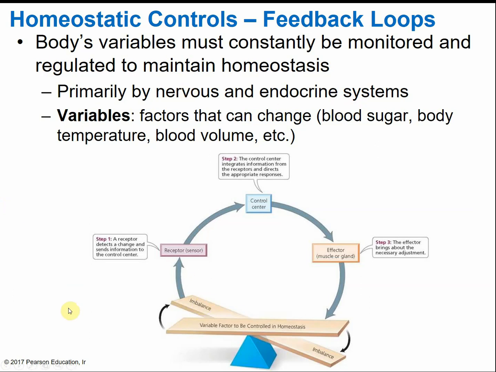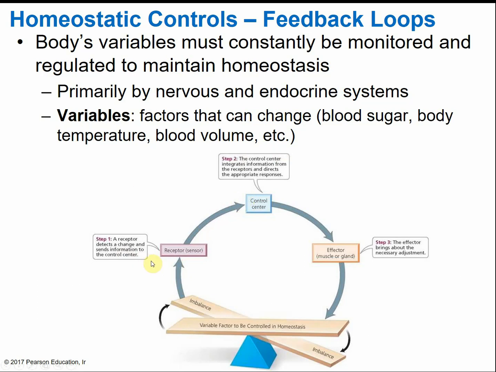So the basic steps of a homeostatic feedback loop. You have to have a receptor or a sensor, something that's able to detect a change in the variable, something that's able to detect this imbalance that's occurring. The control center is the brain or the spinal cord that's going to integrate this incoming information.